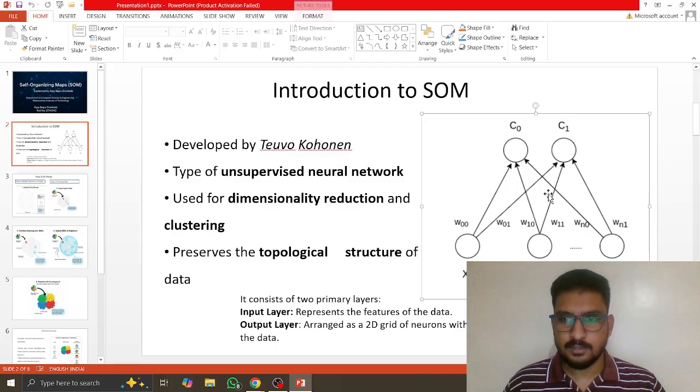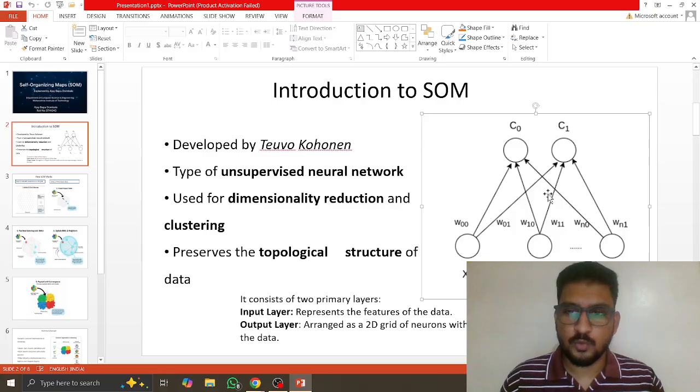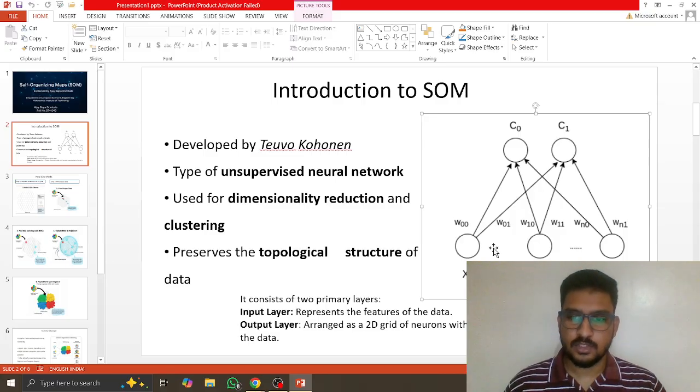And on the right side, this is the image of SOM. It basically consists of two layers: the neurons on the downward side, which are x0, x1, up to xn, are the input layer. We provide inputs, which may be anything such as age, salary, income, and many more.